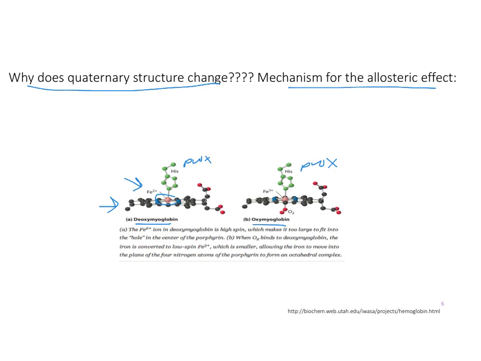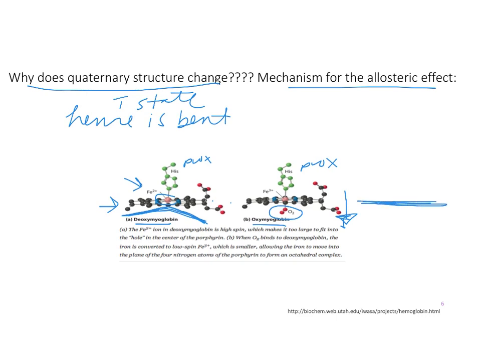So in the T state, the heme is bent. So I don't know if you can see, there's a little bit of a bend upwards because the iron doesn't fit inside the plane of the porphyrin ring. Now once oxygen binds, it pulls some electron density away from that iron, and the iron slides into the plane of the ring. So hopefully you can see between these 2 pictures that this heme is actually relatively flat.